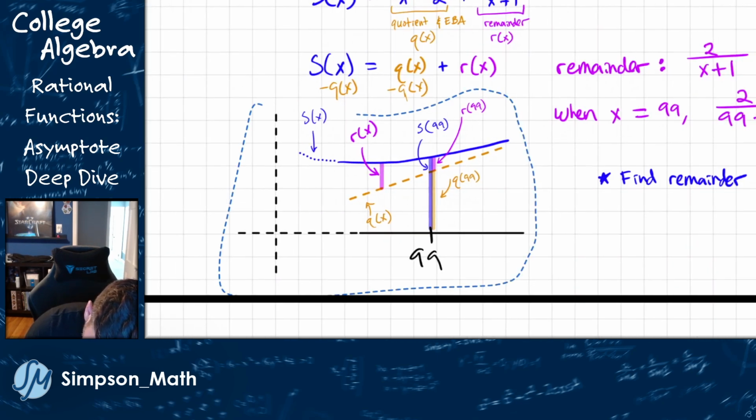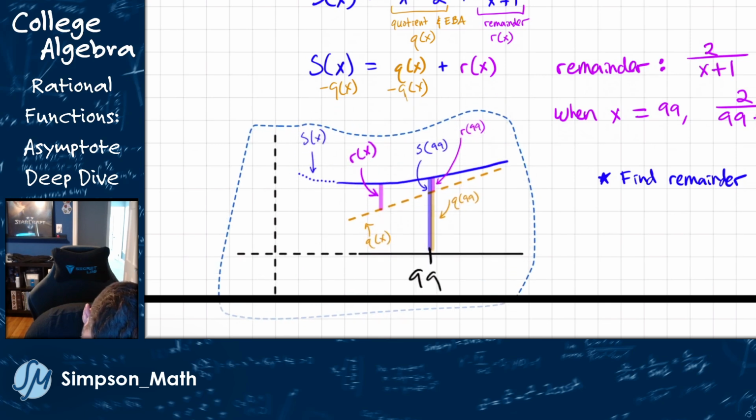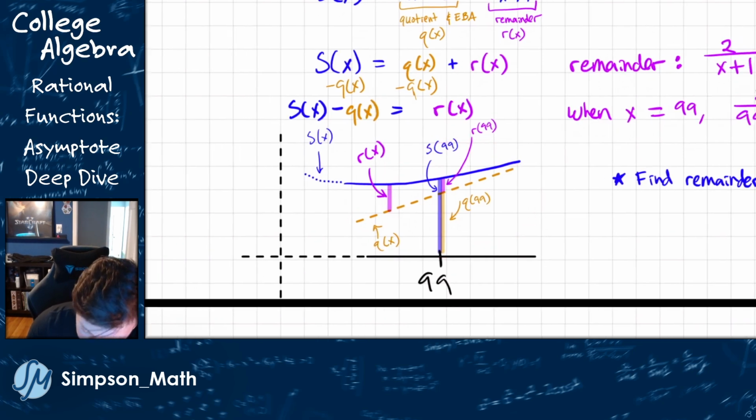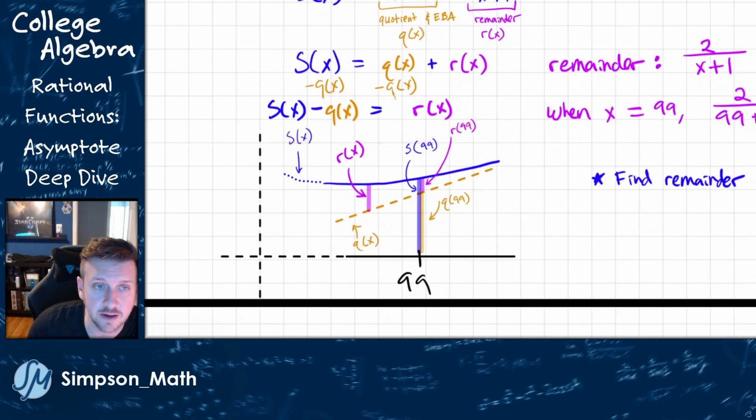I had a little epiphany that I did not have when I was writing the notes, that I'm left with r of x equals s of x minus this q of x. We can see that visually was what I was banking on, but also we can just see that algebraically here.